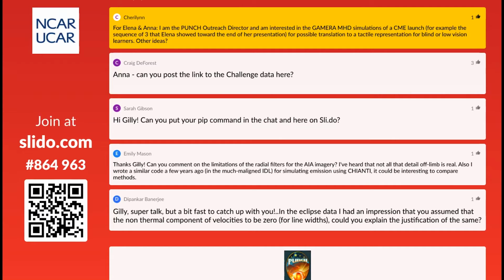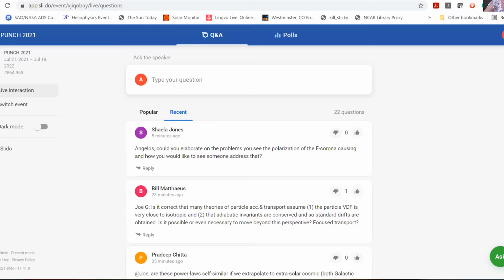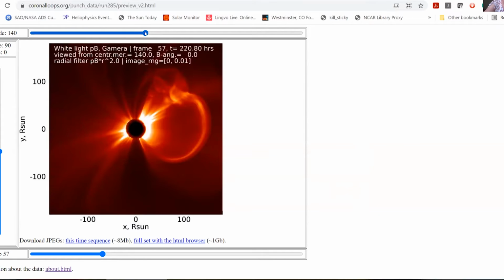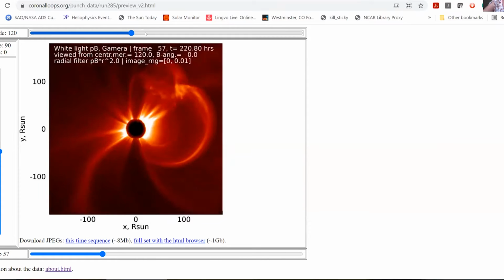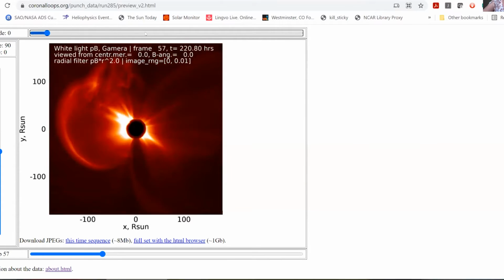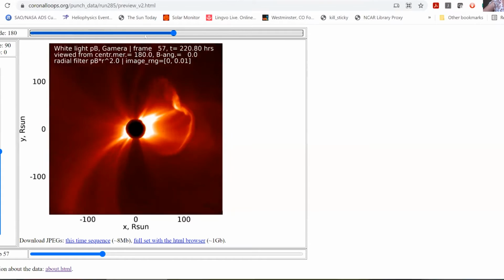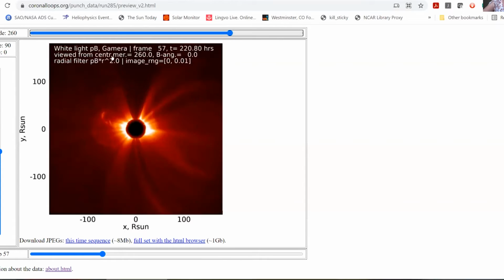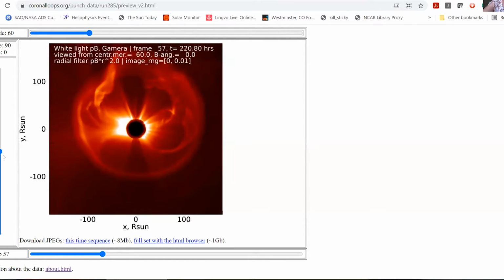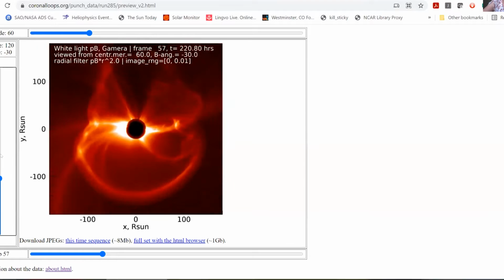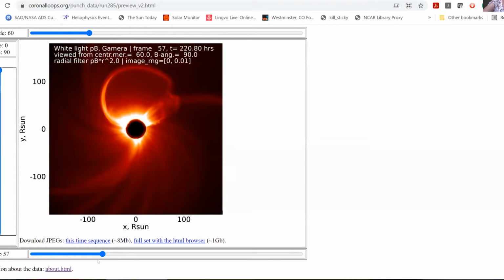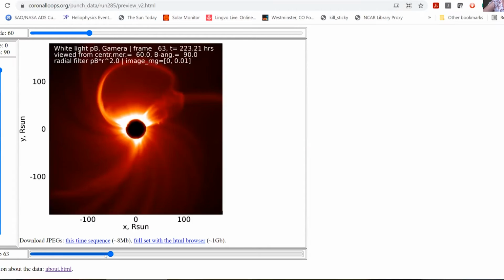Right. May I share my screen real quick? Just to show the web tool that Sherilyn mentioned. The link is in Slido, but it's basically one simulation in polarized brightness in a semi-interactive way that would allow you to rotate the field of view around, and also change the time of the simulation.